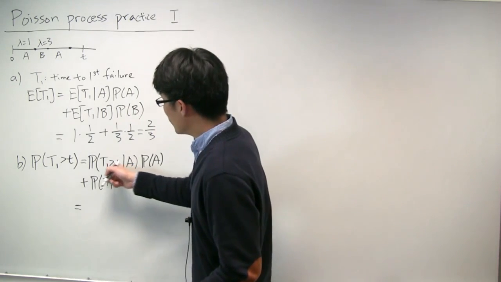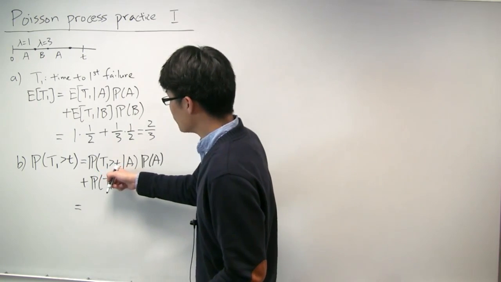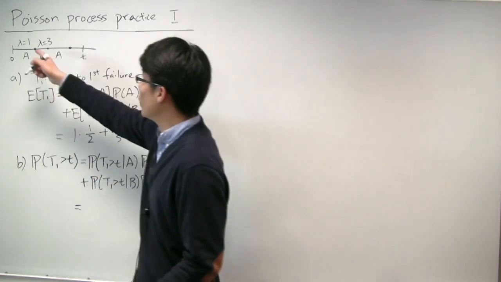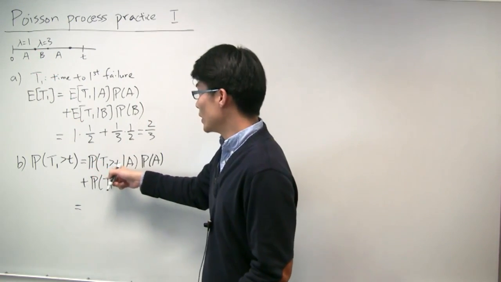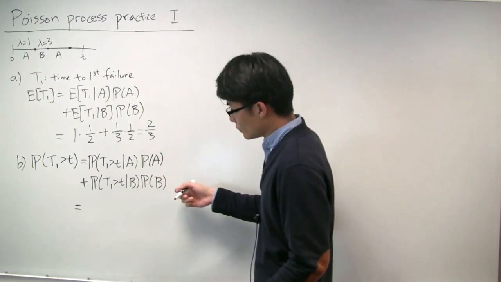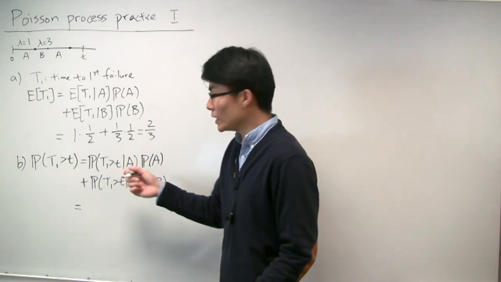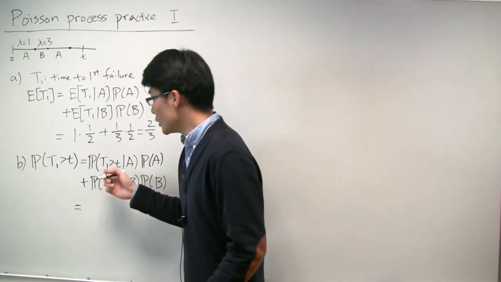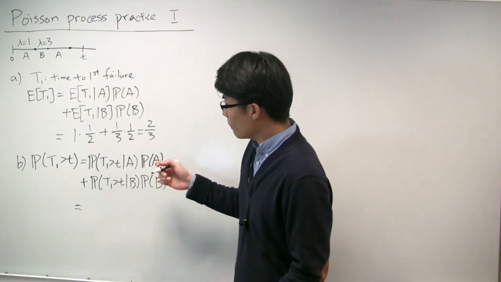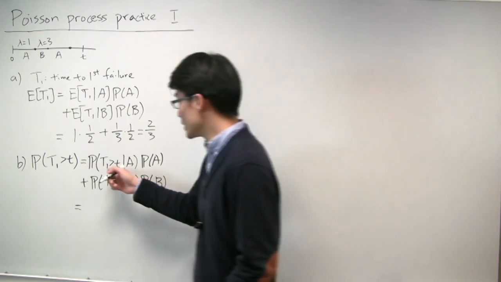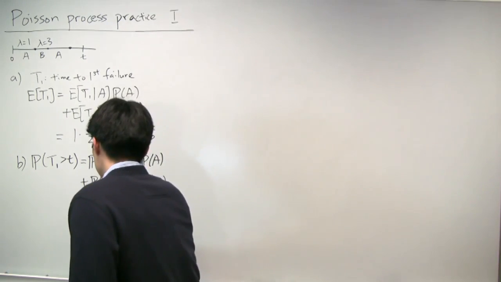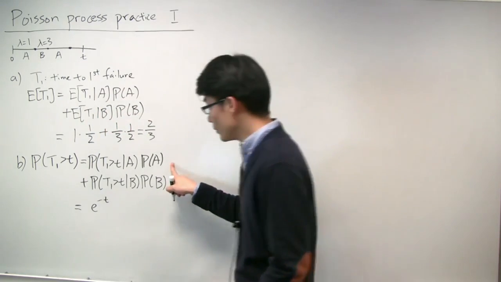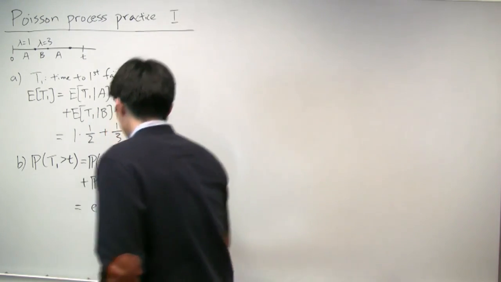If it's a type A bulb, the probability that T1 is greater than t is just the probability that an exponential random variable with parameter 1 is greater than some t. From the exponential random variable, 1 minus the CDF is, in general, e to the minus lambda t. In this case, lambda is 1, so this is just e to the minus t. And we get the 1/2 from the probability that it's actually a type A bulb.